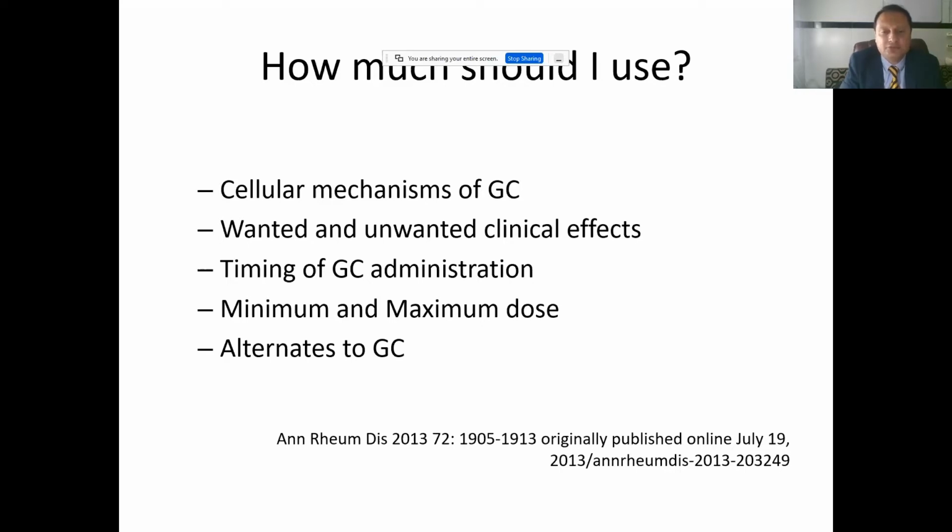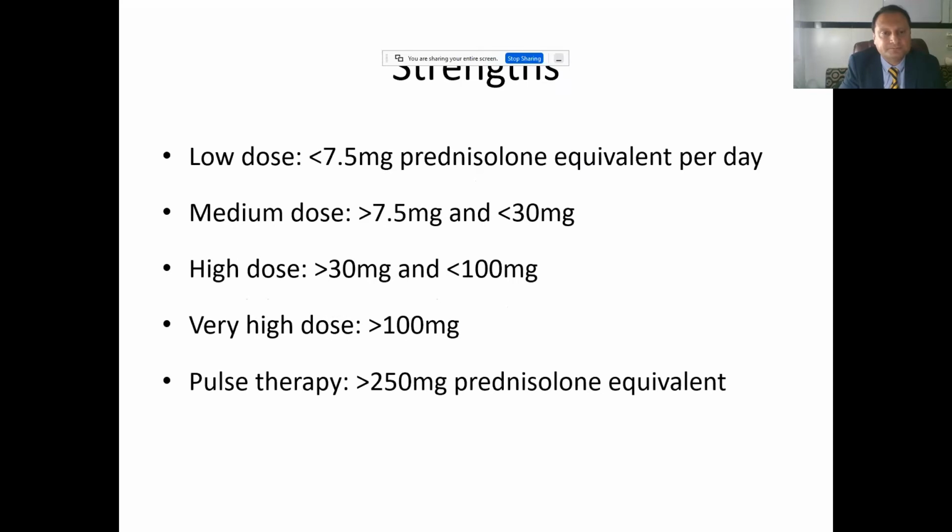The timing as well, the minimum and maximum doses, and what the potential alternatives to glucocorticoids are if we are dealing with a patient in a particular situation.